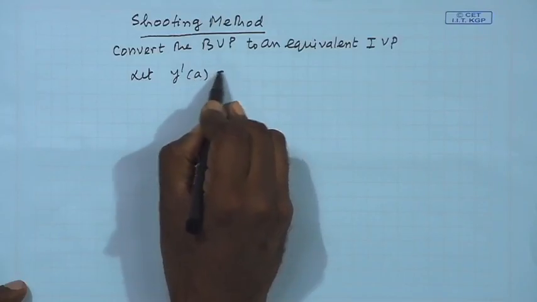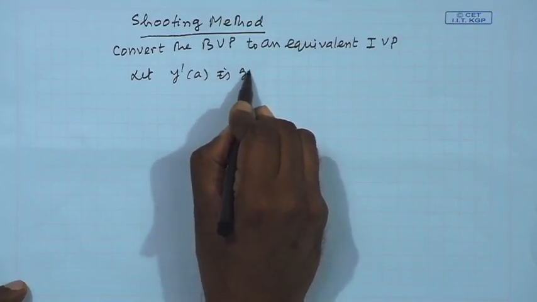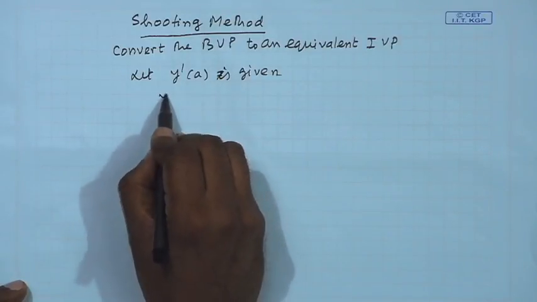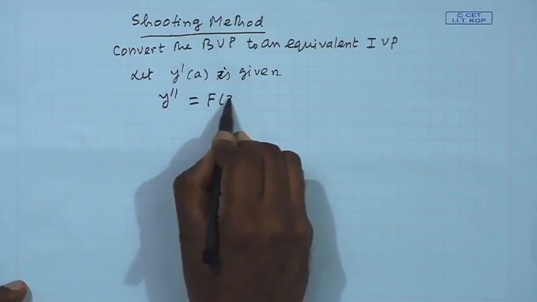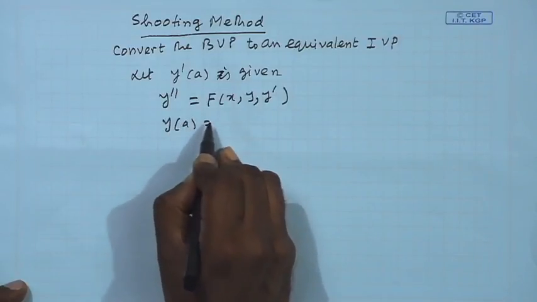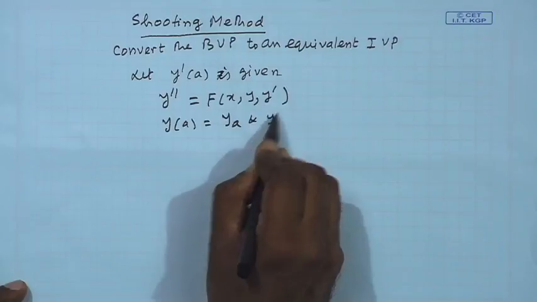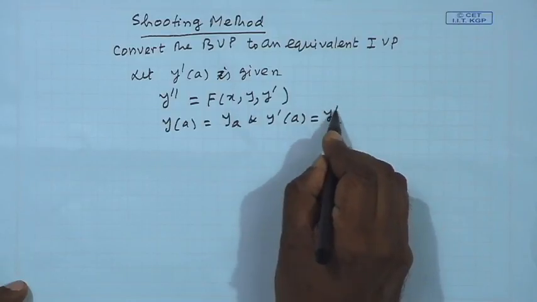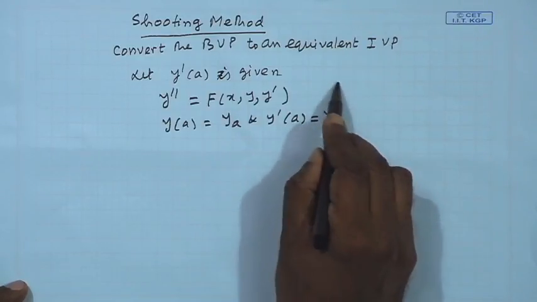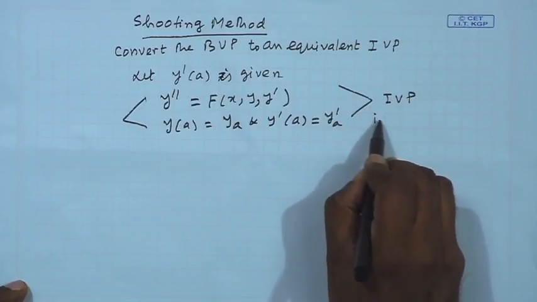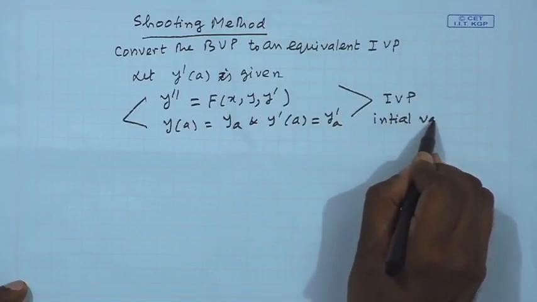Now, let y dash at a be given. In that case, the problem becomes y double dash equal to f(x, y, y dash), y(a) equal to y_a, and y dash at a equal to some value, say y_a dash. Okay. So, this we can treat as an initial value problem, IVP.